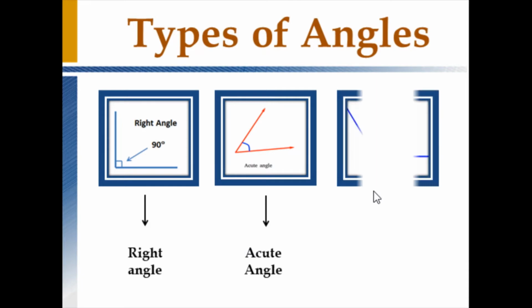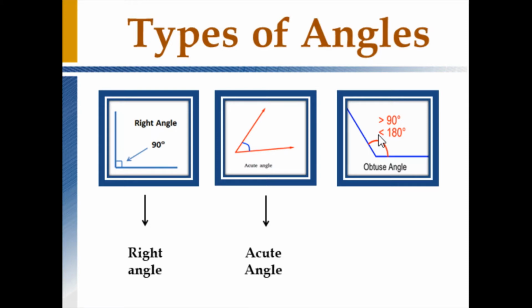How about this next angle? An angle that measures greater than 90 degrees but less than 180 degrees. It's almost a straight line, but not a straight line.